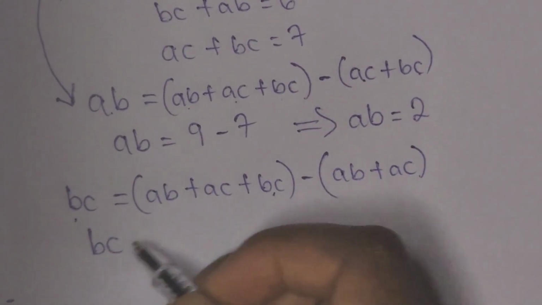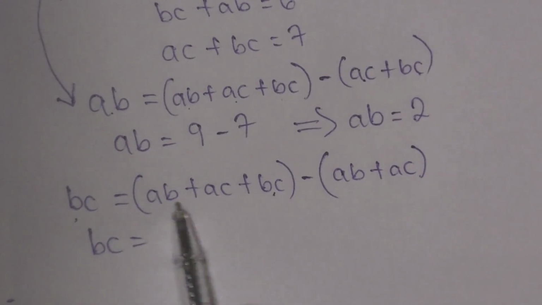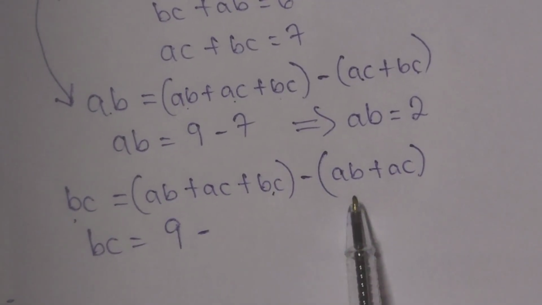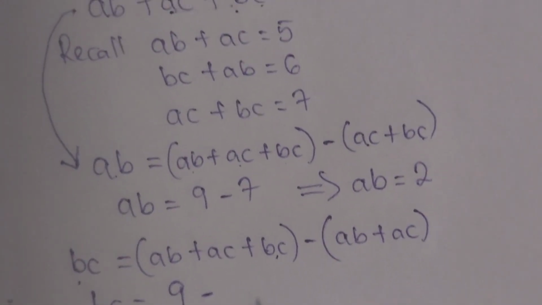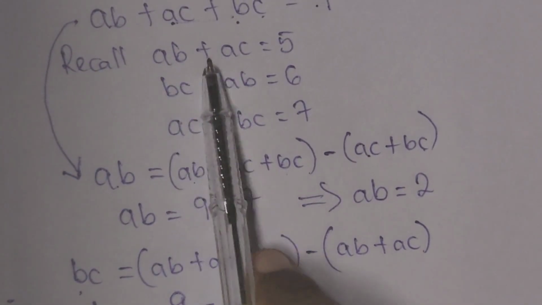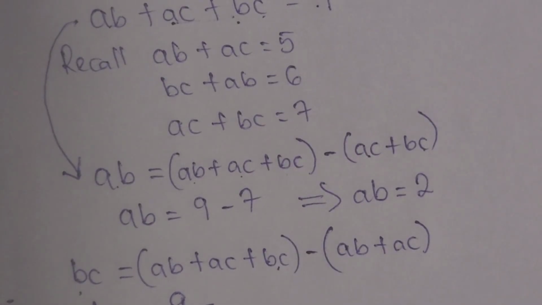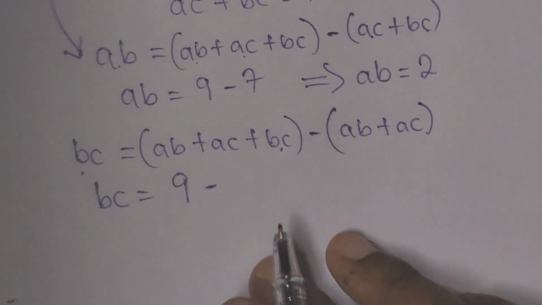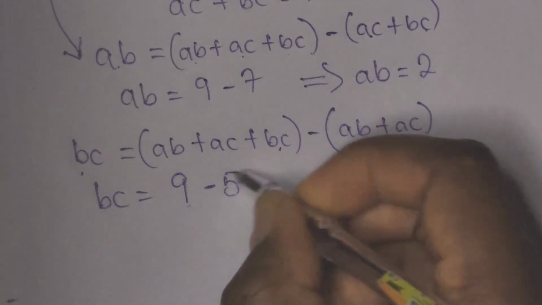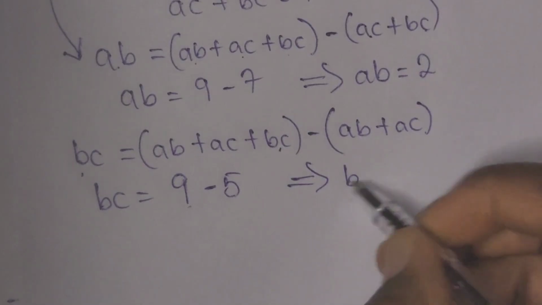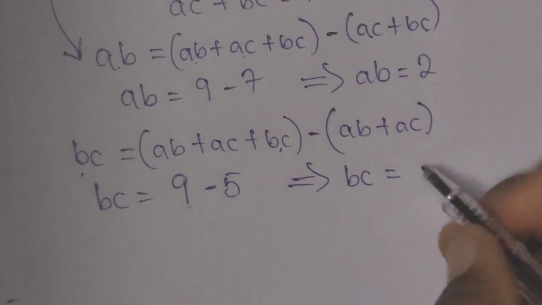So our BC will be equal to 9 minus our AB plus AC. AB plus AC is equal to 5. So we have 9 minus 5, which implies that BC is equal to 4.